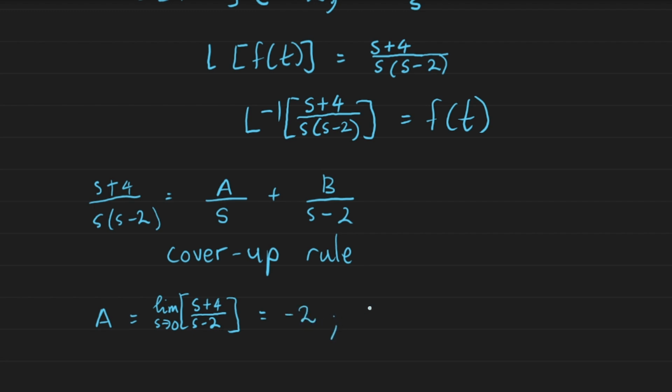We can do the same thing with B as well. So B is equal to, firstly we block off s minus 2 in this original expression, and what we're left with is (s plus 4) all over s. And we take the limit as s approaches 2. That gives us 2 plus 4 is 6, 6 over 2 is 3.